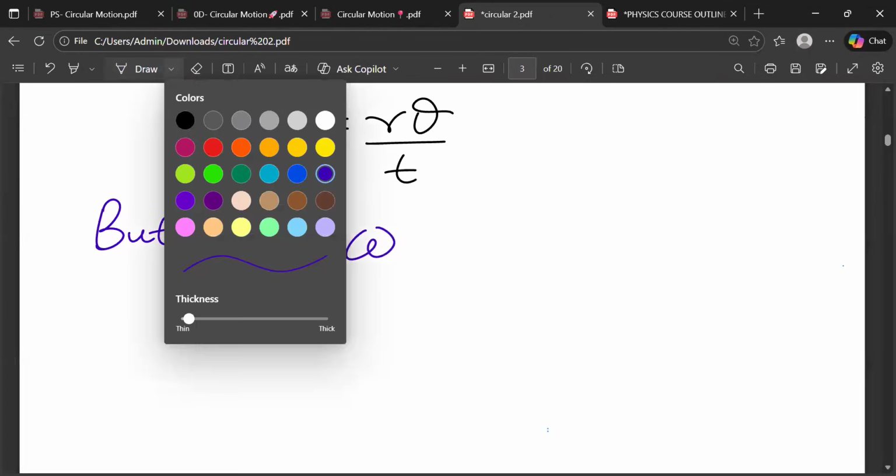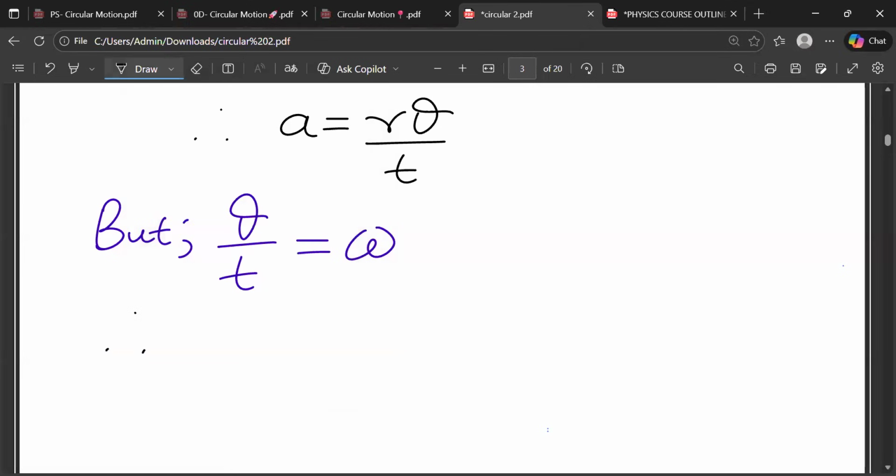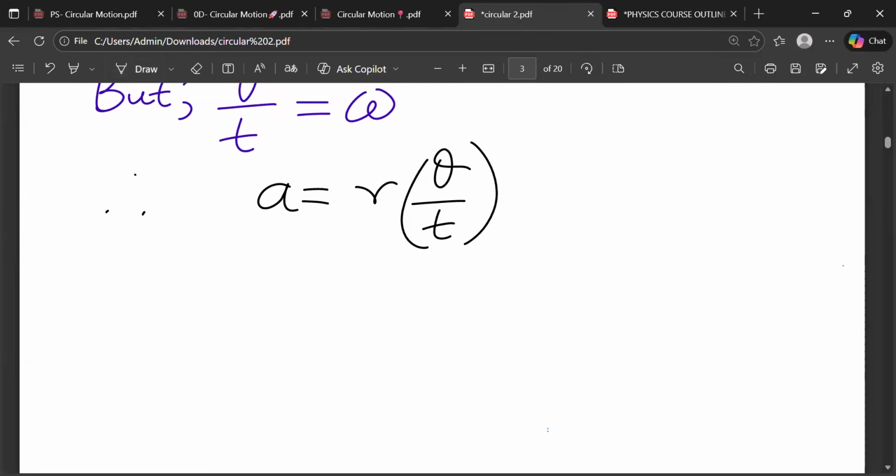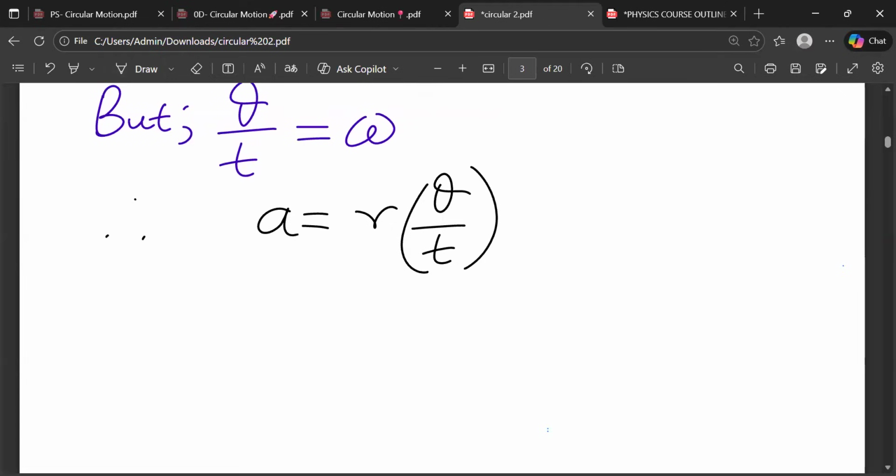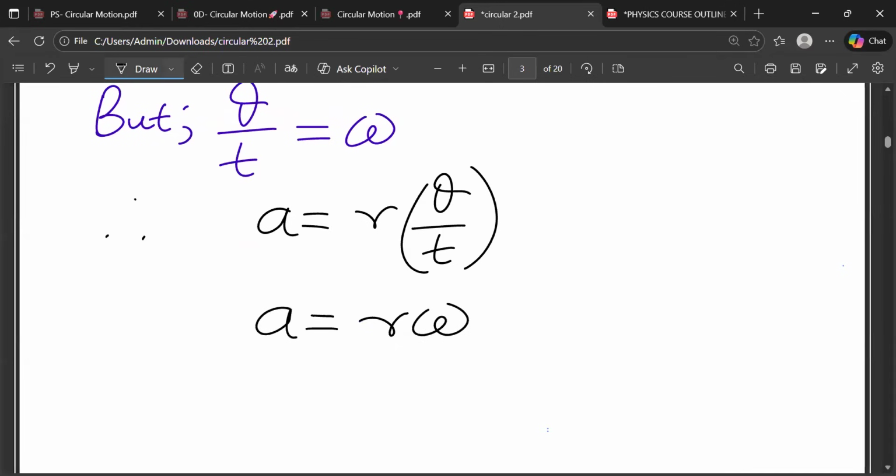So you can say, therefore, my A will be V theta over T, so that you substitute your omega. So you can proceed and say your A is V omega, like that.